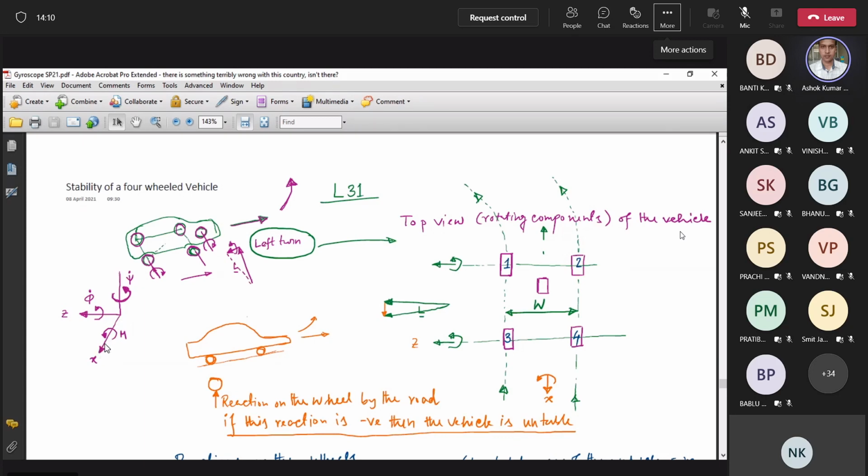That is this x-axis. Here it is shown on the plane, but it is acting this way. So this is the z-axis, this is the x-axis, and perpendicular to the plane of this paper is the y-axis, that is the precession axis.